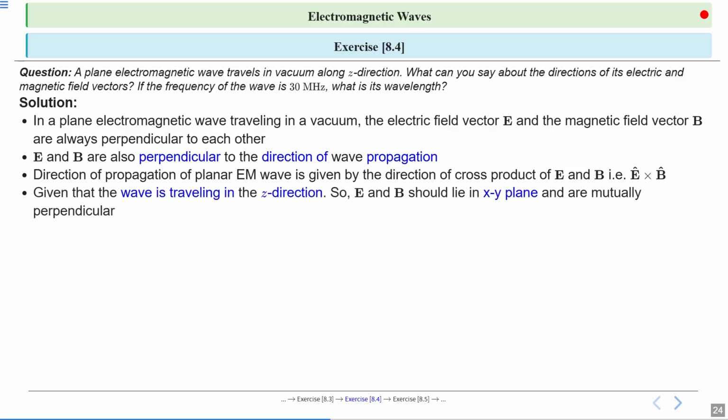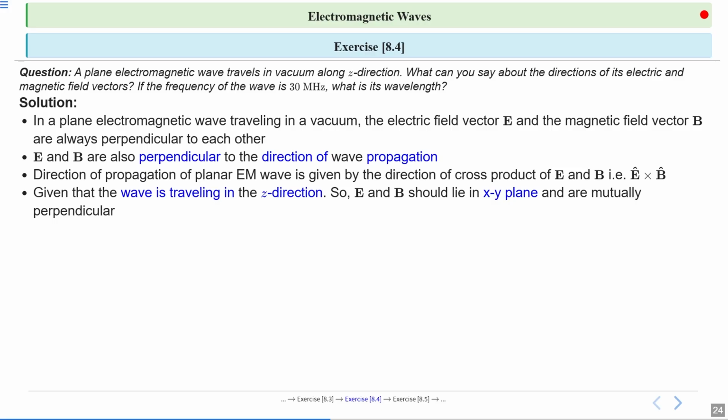So given that the wave is traveling in z direction, because both magnetic field and electric field are perpendicular to direction of propagation, they should be in xy plane. Okay, if E and B both are in xy plane, that means they are perpendicular to the direction of propagation. Only this is the case.